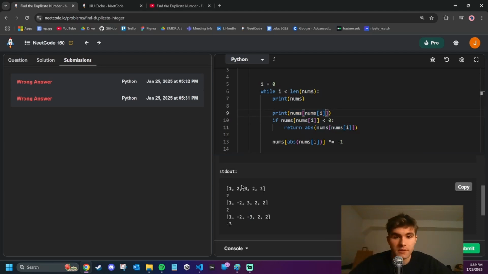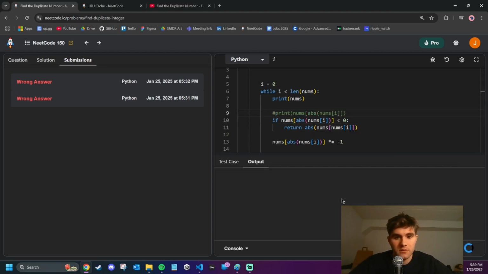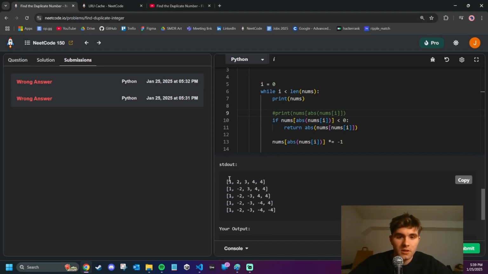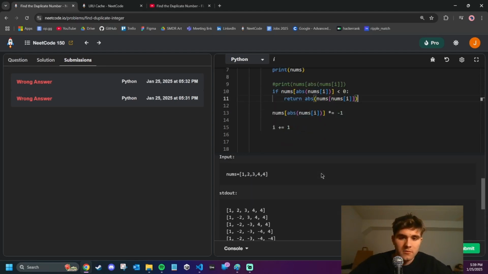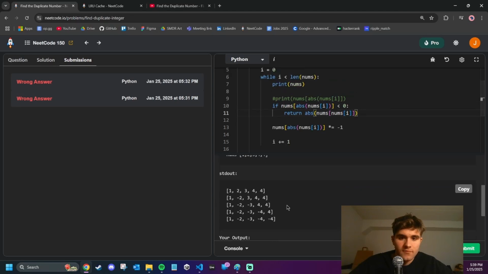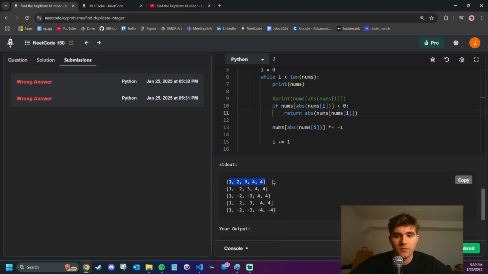So the first one's correct, and the second time it's not. So when nums of I is negative, we actually want it to be positive. Like that. Okay, and now this one does not work. So I about 2, but it should be 4. Could it? No. So okay, so 1, 2, 3, 4, 4.